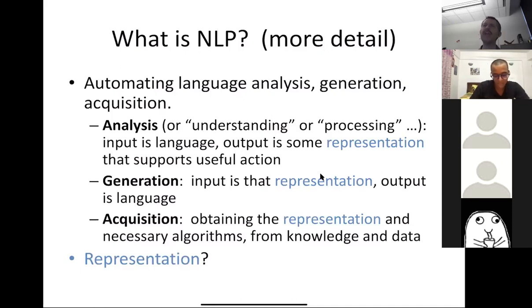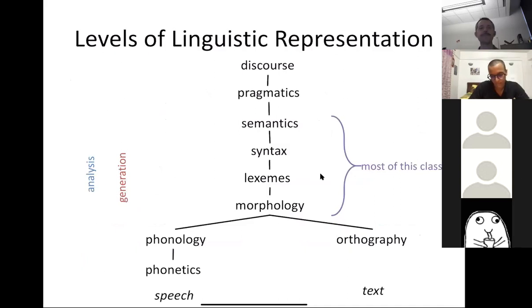So what do we mean by representation? What is a representation in NLP? Well, let's look at this diagram. These are some levels of linguistic representation. At the bottom here, you have text and speech.